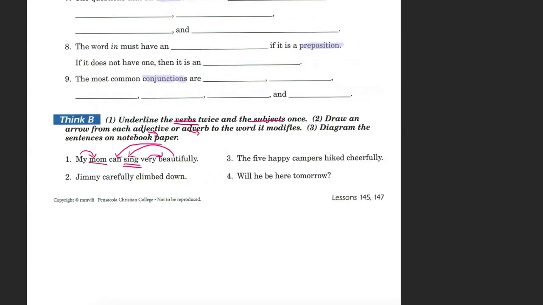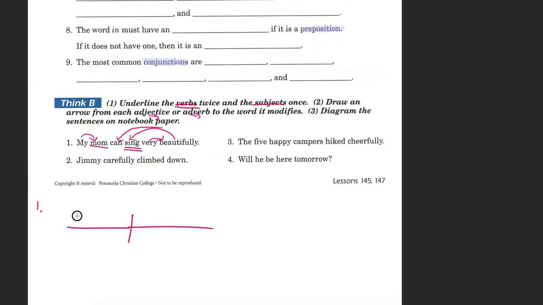Okay, so number one, mom can sing very beautifully. First, draw a line for how many subjects. There's one subject here. How many verbs? Only one verb here. So we know it's just going to be a straight line. Mom is the subject. The verb is sing. And the adjective for mom is my.